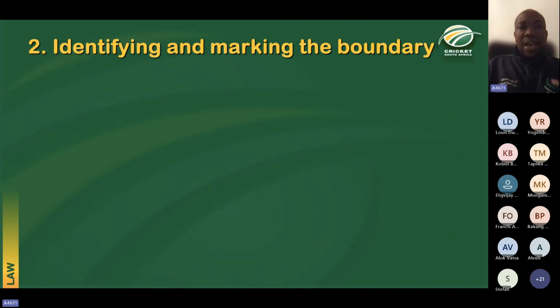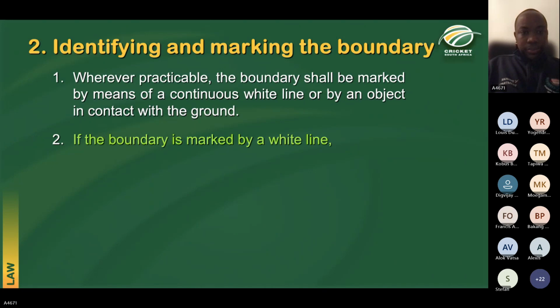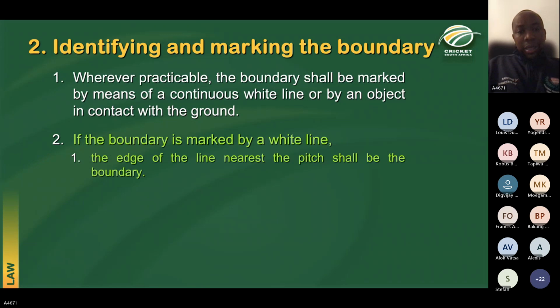How do we identify and mark the boundary? Where practical, the boundary shall be marked by means of a continuous white line or by an object in contact with the ground. Quite often a rope is used. If the boundary is marked by a white line, the edge of the line closest to the pitch shall be regarded as the boundary.